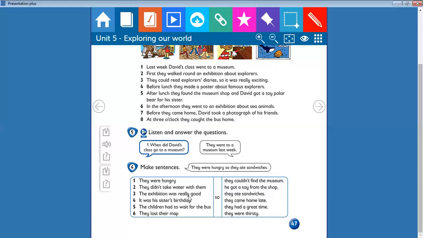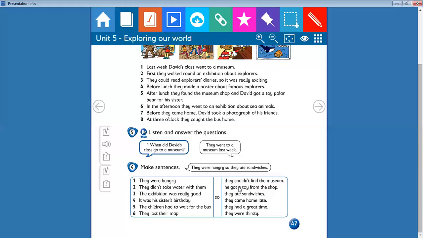So in the first part, we have the cause. In the second part, we have the effects. The effects of that cause. Cause and effects. So here we use so after the cause.